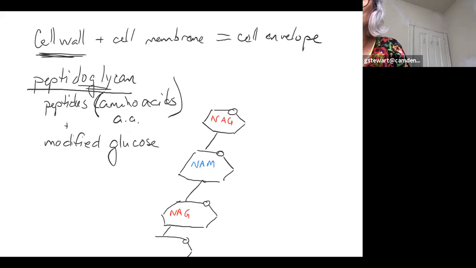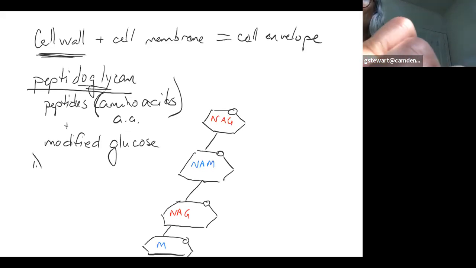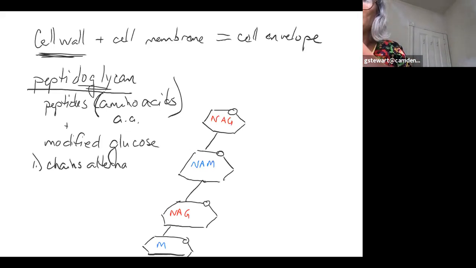Don't have quite that much room. And I'm just putting M's because I'm getting tired of writing them all out. So first step of the construction is to make these chains that are alternating NAG and NAM. Okay.